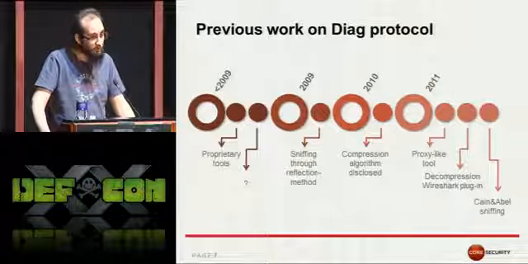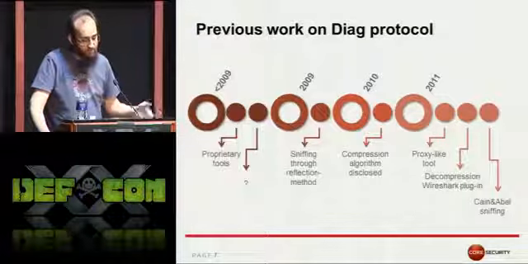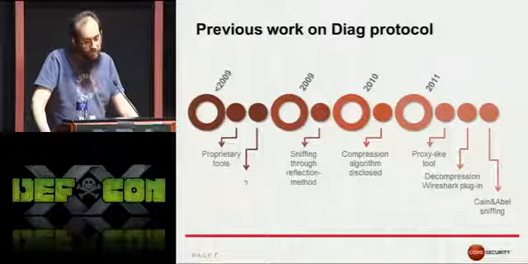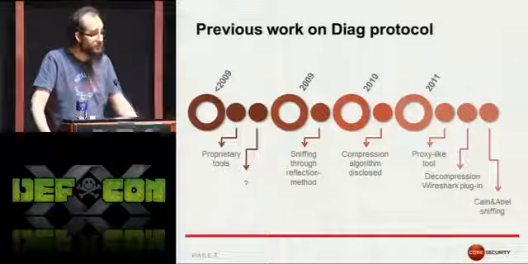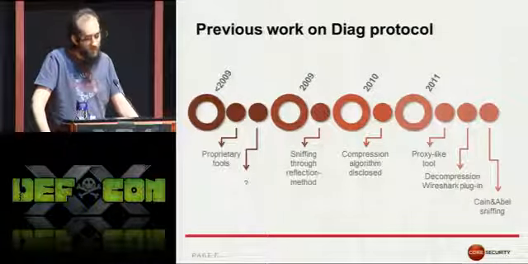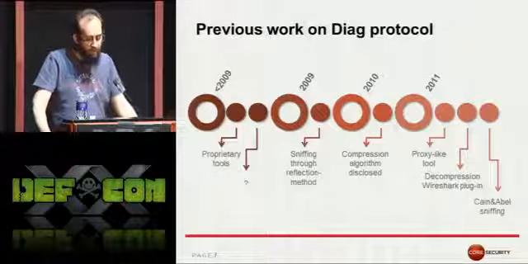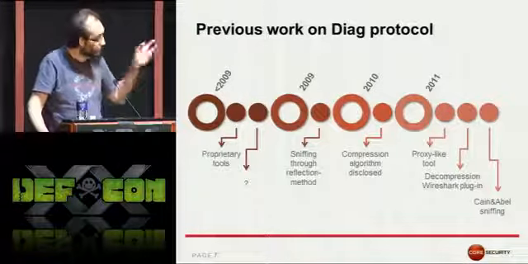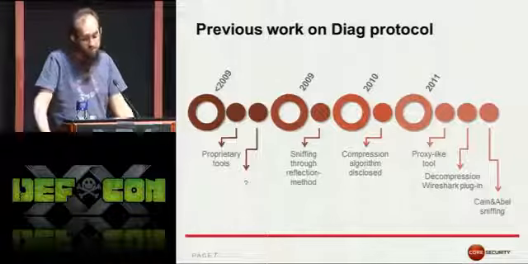More recently, in 2011, there was a lot of work on the protocol. The main one and the most interesting is a proxy-like tool that was released by Zenpost, and it's a Java application that you can run to proxy communications between a GUI and the application server.